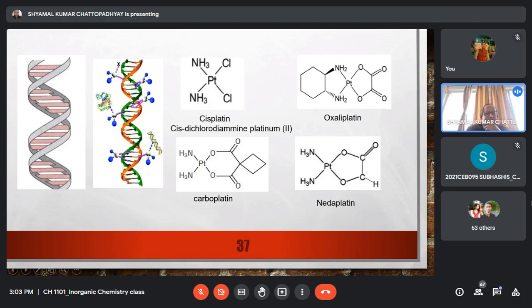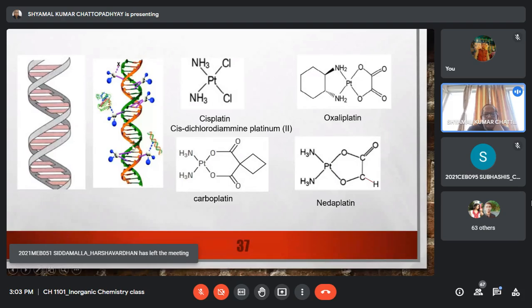Now, in the second slide, what I have shown is the different ways by which a metallomedicine or a metal complex can bind to DNA, right? Now, here, for better understanding, we have marked the two DNA helices with two different colors. One helix is marked with green color.